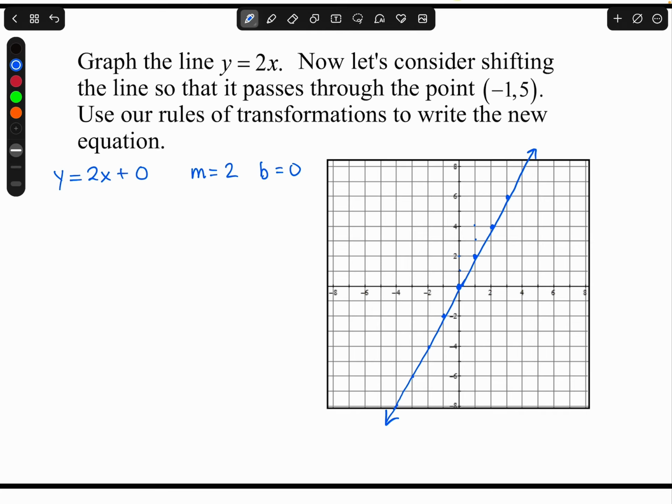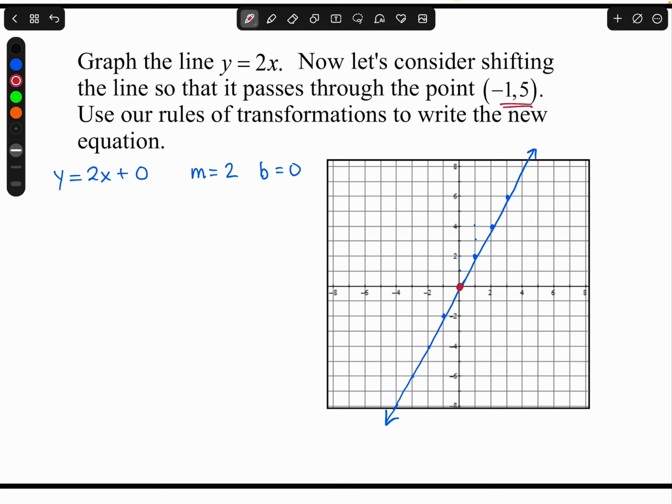They say, now let's consider shifting the line so that it passes through the point -1, 5, and then use our rules for transformations to write the new equation. All right, so let's think about our transformations here. We know it's going to move to the point -1, 5. Let's think about this point at 0, 0.